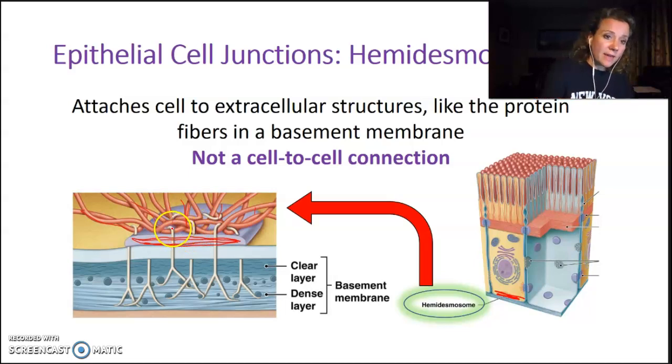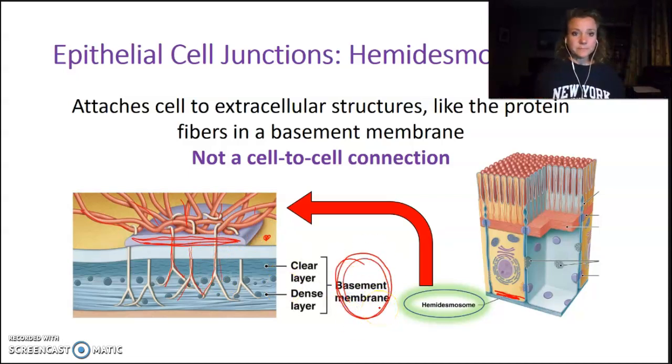And then you have these transmembrane proteins, the ones that cross the membrane, and they are going to physically connect our cell to our basement membrane. That attaches the bottom of our epithelial cells to the basement membrane. A hemidesmosome is not going to provide a cell-to-cell connection. It connects the bottom of the cell to the basement membrane.